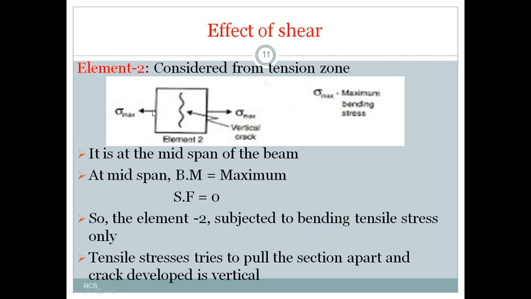This bending tensile stress is acting in this direction, and the bending tensile stress occurs in this direction. So these two stresses try to split or pull this element into two different parts. So the crack that appears in the middle of this element will be vertical. I can say this is a 90 degree crack.